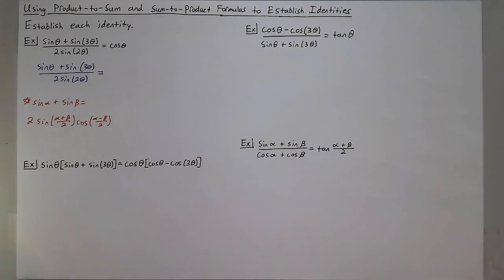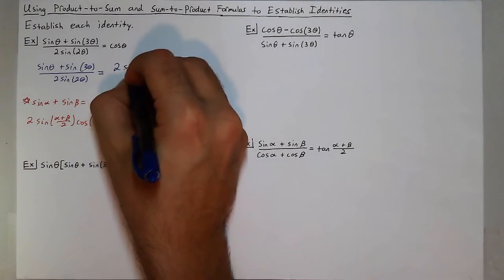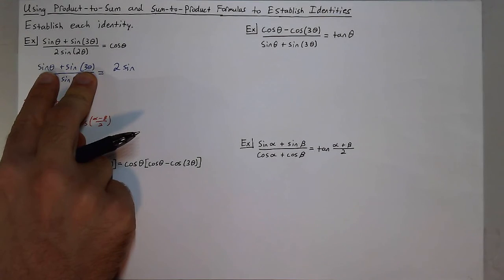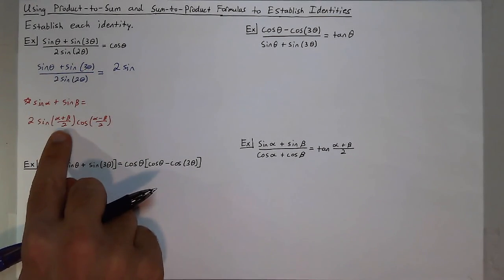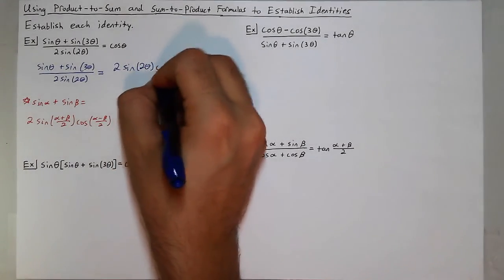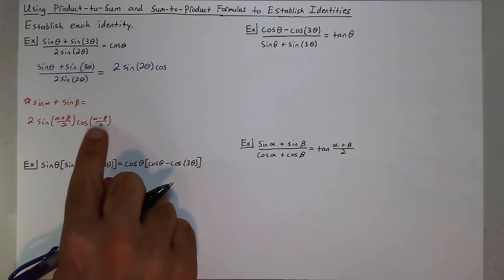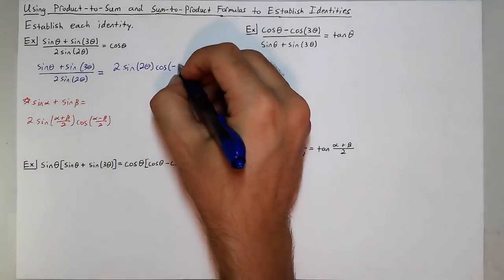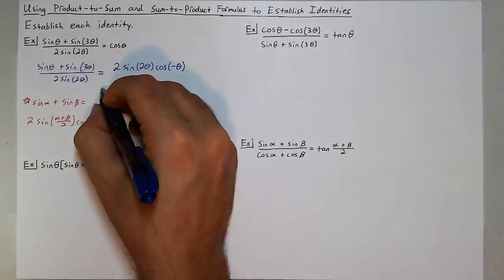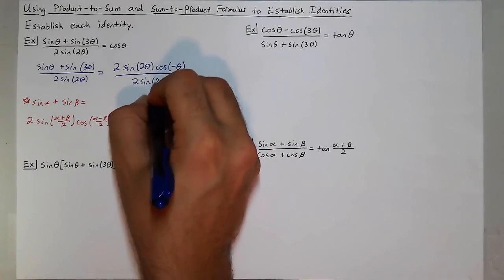So if I use this formula on the top, I'll get 2 sine, alpha plus beta is theta plus 3 theta is 4 theta, divided by 2 gives me 2 theta, times cosine of theta minus 3 theta, which is negative 2 theta, over 2, which is cosine of negative theta, all over 2 sine of 2 theta.